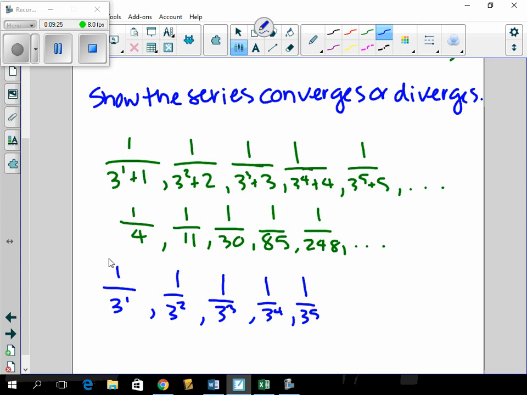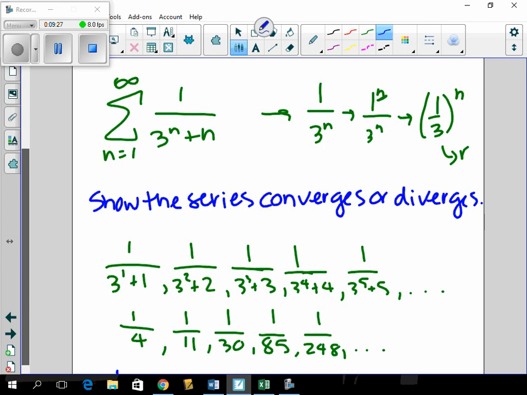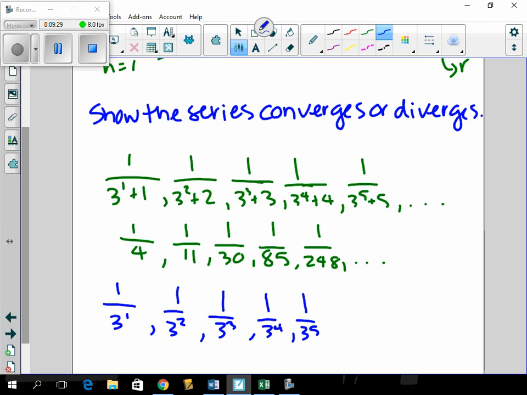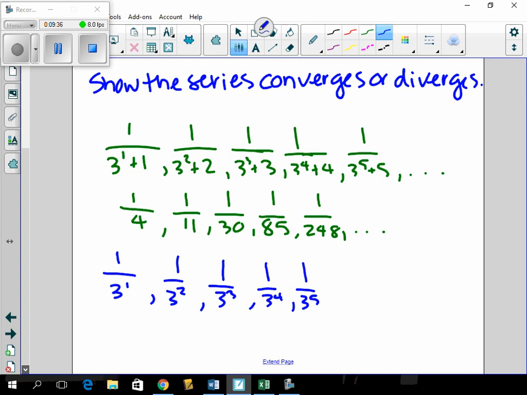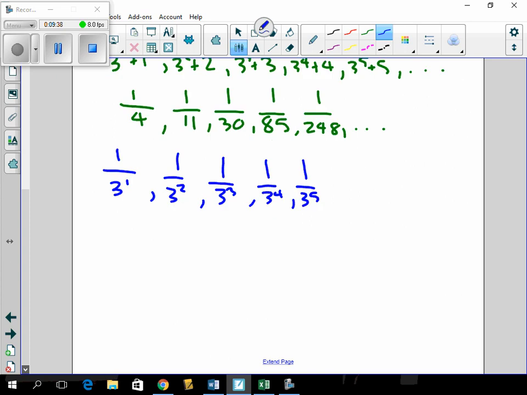And if we calculate these, we can see that this is 1 over 3, 1 over 9, 1 over 27, 1 over 81, 1 over 243.